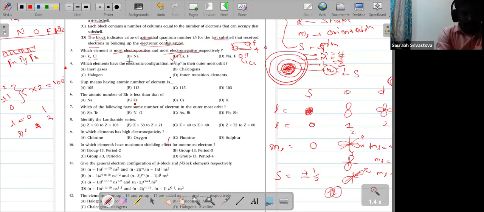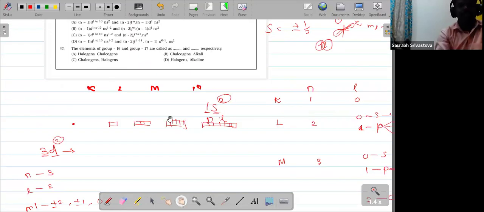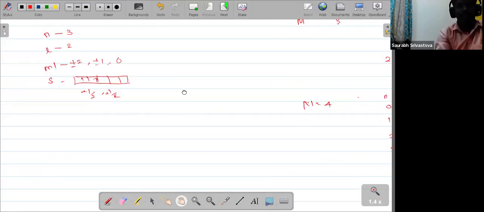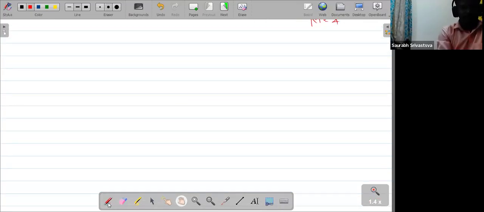Next, which of the following has electronic configuration ns2 np4? What is that ns2 np4? Now we have to see the general electronic configuration of the group. How can we work out the general electronic configuration of the group? Then you can understand. The first group number is called 1A. Second group number 2A.